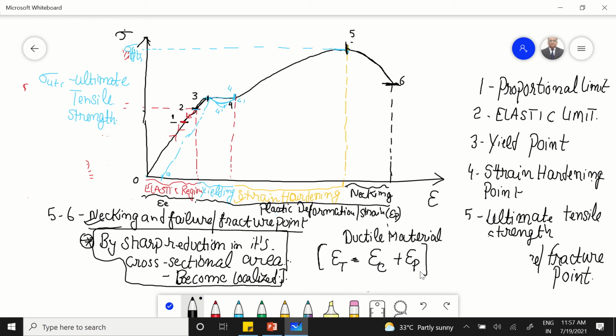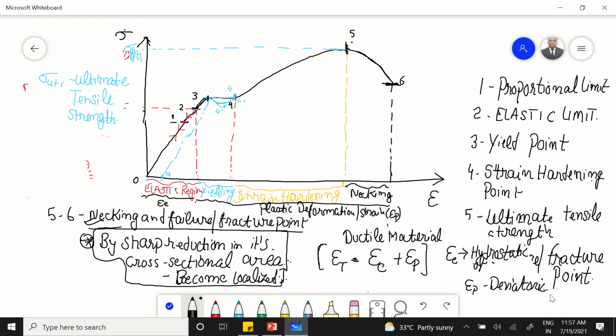Later on in our coming lectures, we will see that this epsilon E component of strain, we call it the hydrostatic component of strain. This is due to the hydrostatic component of stresses. Okay. This is hydrostatic, and epsilon P, we call it deviatoric. Now, what do you mean by the terms deviatoric and hydrostatic?